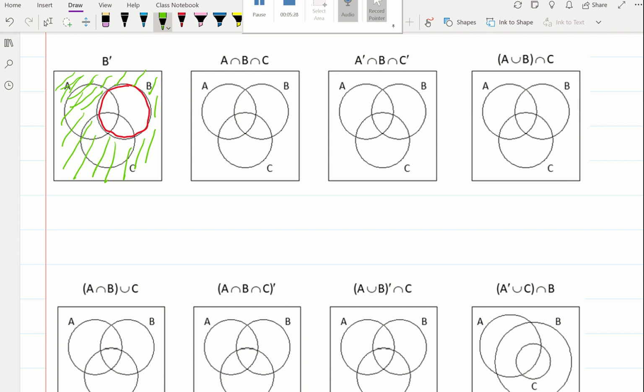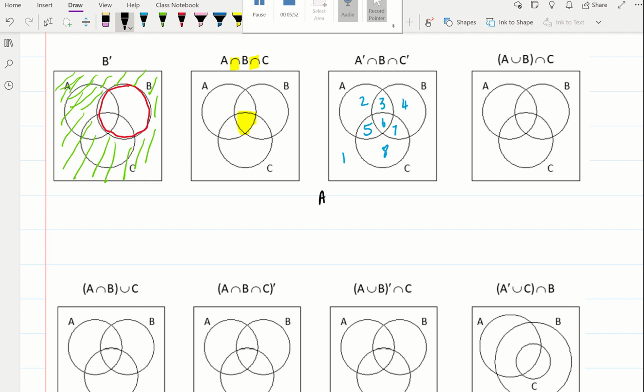Next one is also easy because it says I want the intersection between A, B, and C. The only place they all have in common is this. That's what they have in common, the intersection. For the next one, I'm going to number. So 1, 2, 3, 4, 5, 6, 7, and 8.